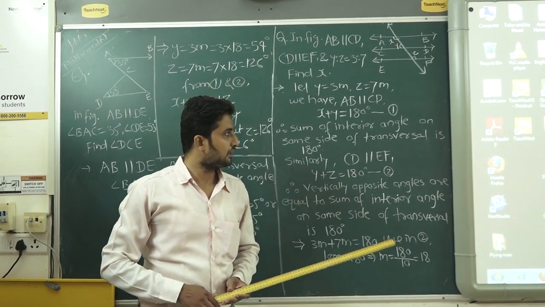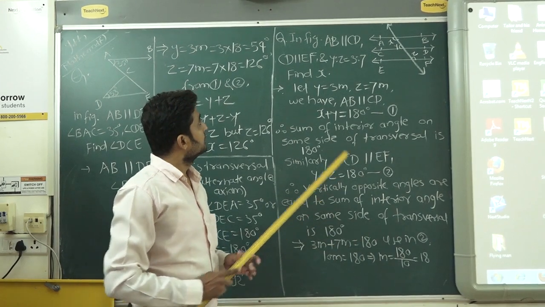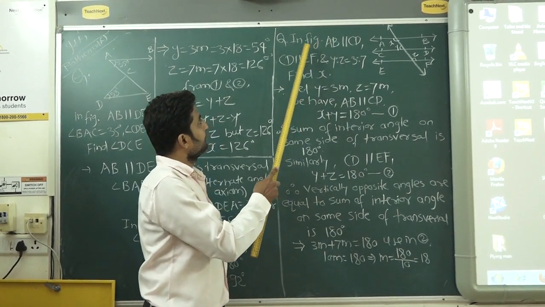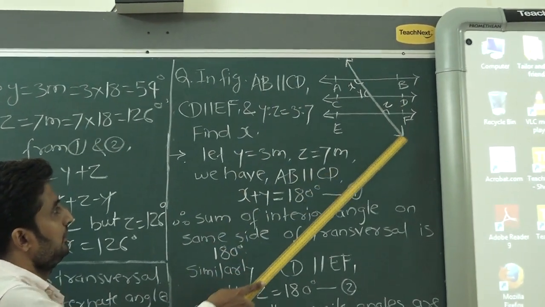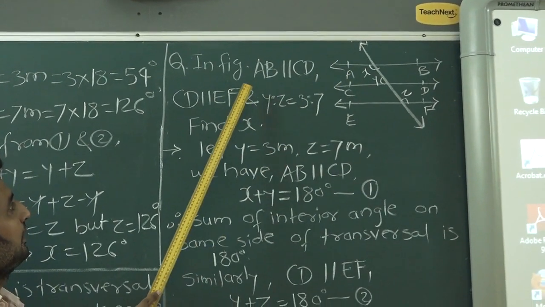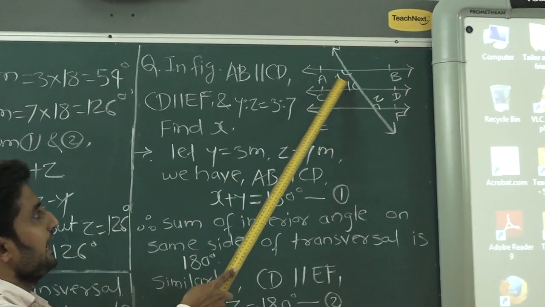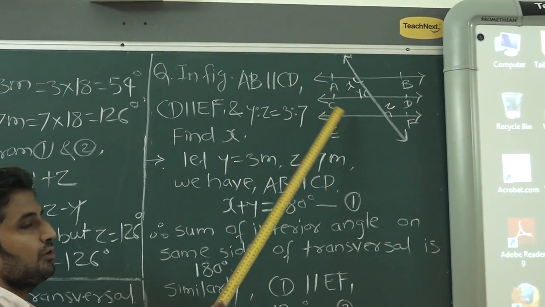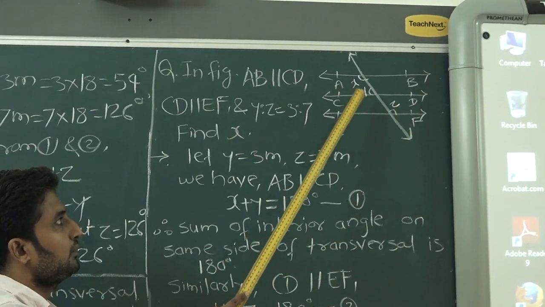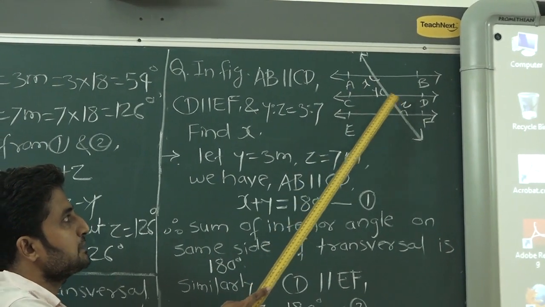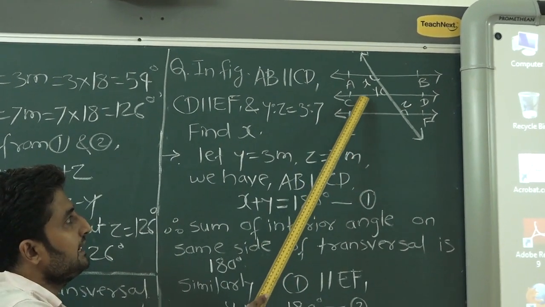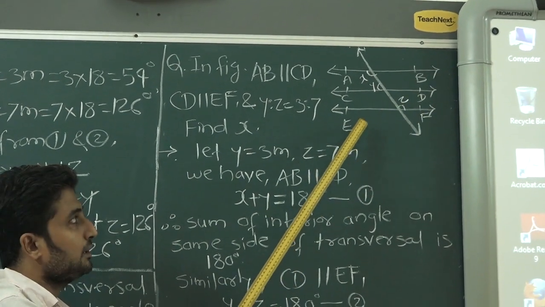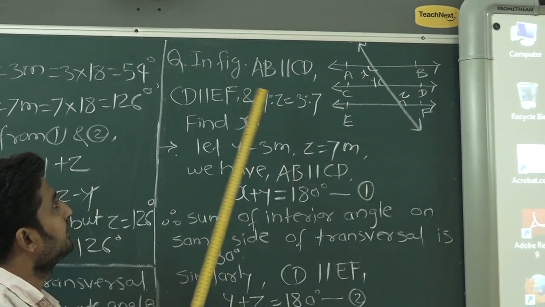Shall we start? In the figure given here, we have line AB parallel to line CD. Here two lines are there. AB is parallel to CD, and moreover line CD is parallel to EF, right?